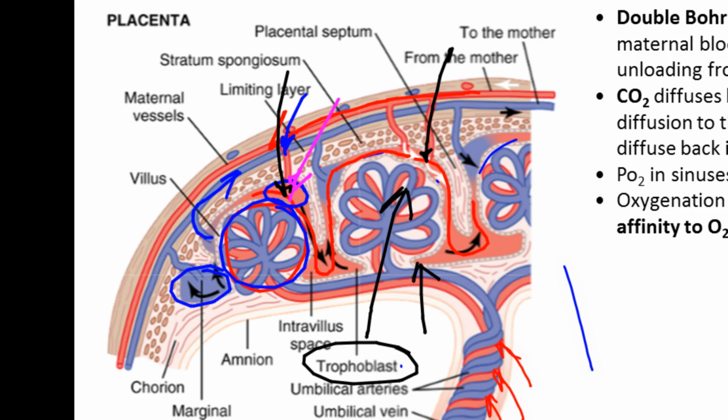It was known before that trophoblasts, sometimes they refer to as syncytial trophoblasts, they form tight junctions that prevent any transport across placenta.